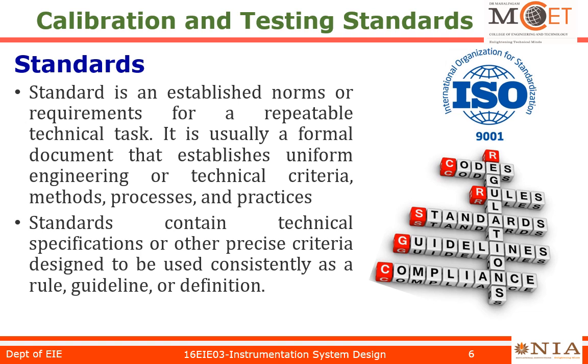You can see an image here: regulations, rules, codes, standards, guidelines, compliances. All these things must be incorporated, and together they are called standards. There are international standards, such as ISO, the International Organization for Standardization, and also ISA and IEEE.